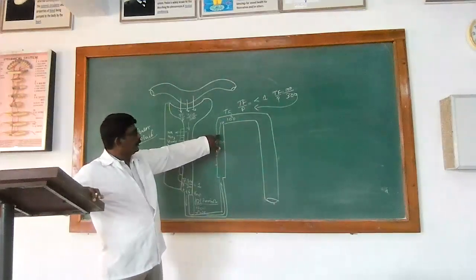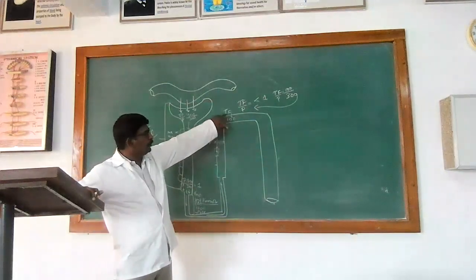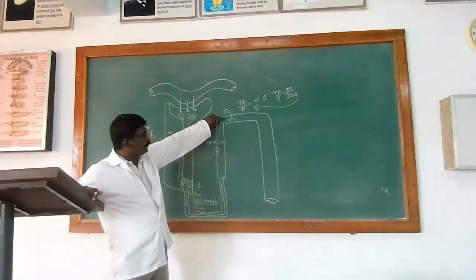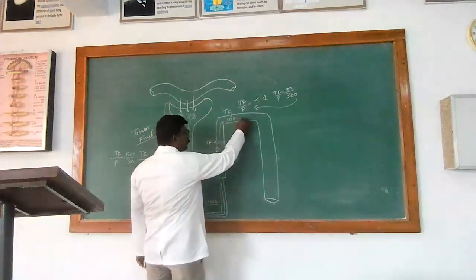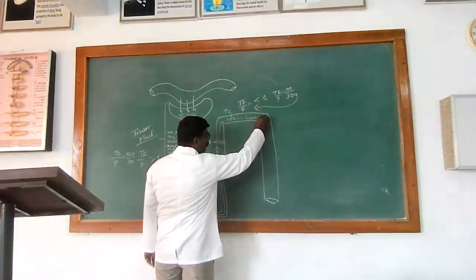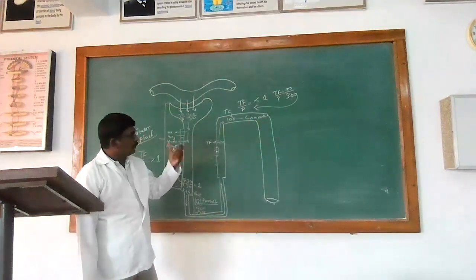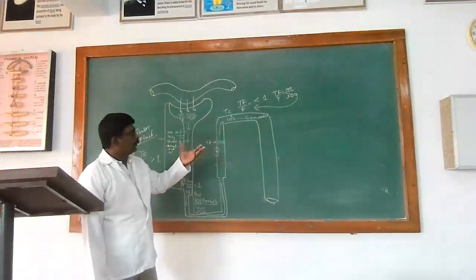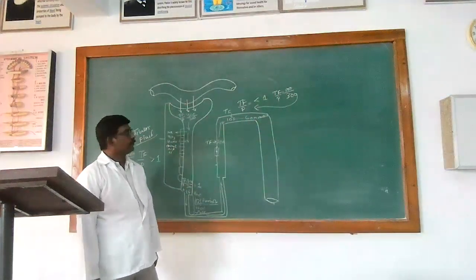Thus the fluid reaches the distal convoluted tubule. The osmolarity of the tubular fluid is 100, and it can also become near about 60 milliosmoles per liter. So the osmolarity becomes very low when the fluid reaches the distal convoluted tubule.